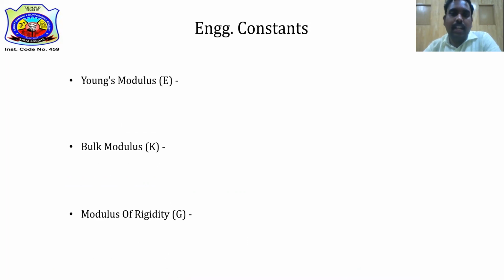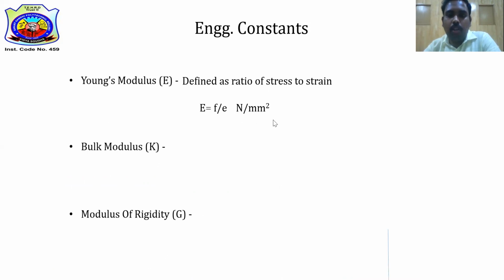Young's modulus is denoted with the symbol capital E, bulk modulus with capital K, and modulus of rigidity with capital G. Young's modulus is defined as the ratio of stress to strain, with the formula E equals F by e, where F is stress and small e is strain. First, we need to understand how we got this formula. Newton per mm square is the unit for Young's modulus.